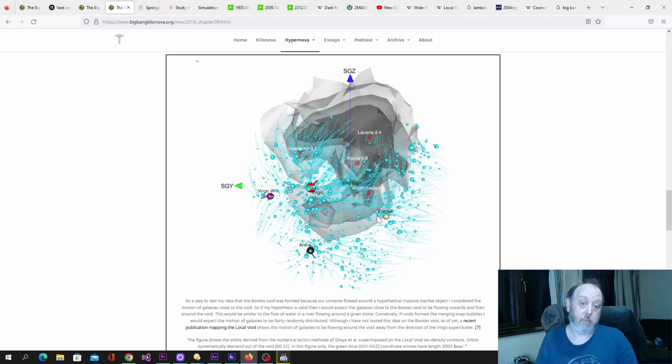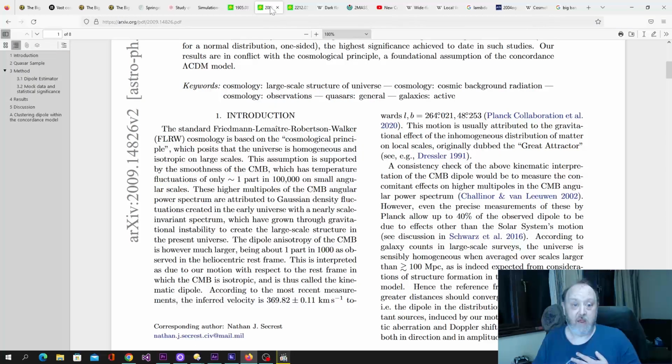So I think they're looking at the movement of various quasars and mapping out the direction of flow of these quasars, which way they're moving through the universe with respect to us.